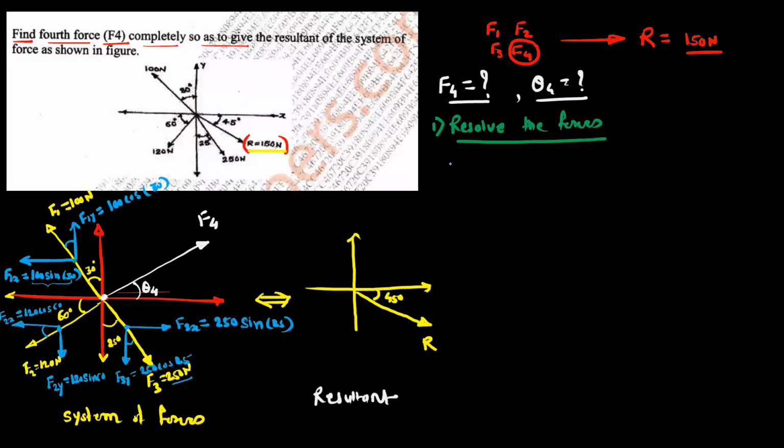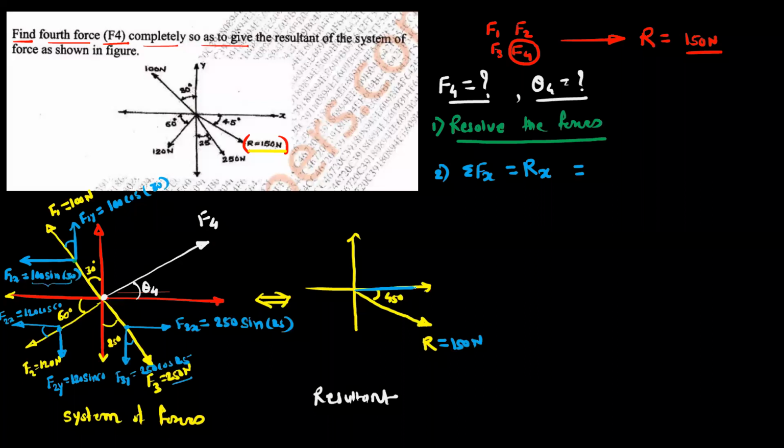Now you can write the equation. Summation Fx, what is summation Fx? Summation Fx is nothing but the x component of the resultant. Now observe the resultant, which is equal to 150 Newton.